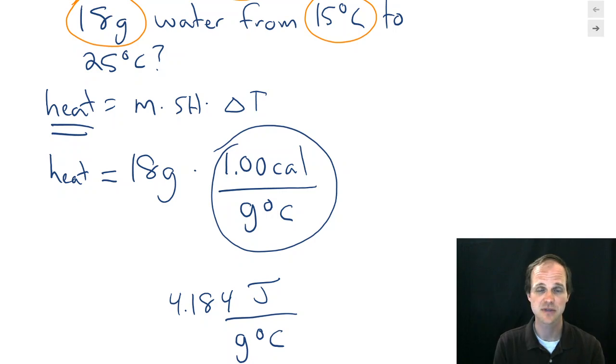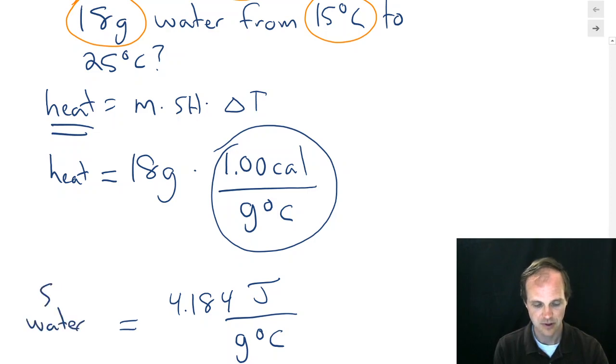So just because you see a specific heat somewhere doesn't mean you can put in a calorie per gram degree Celsius or 4.184 joules per gram degree Celsius. You got to put in the number for the substance. But for water, the specific heat is either 4.184 joules per gram degree Celsius or 1.00 calories per gram degree Celsius. Same number, different units.